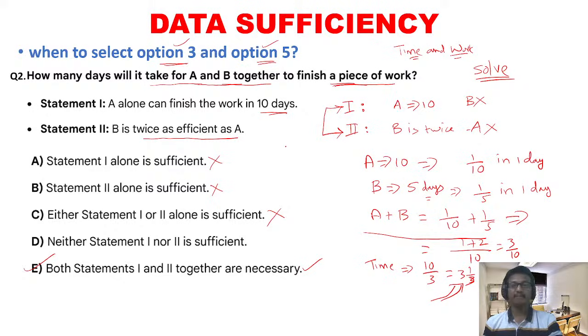Any doubt in this? Okay, so in data sufficiency, it is not really required to solve the problem. All that is required is to decide whether statement 1 is sufficient, or whether statement 2 is sufficient, or both together are sufficient to find the solution. That only you need to decide.